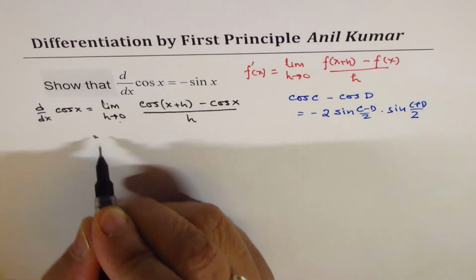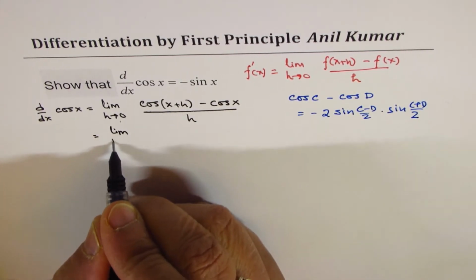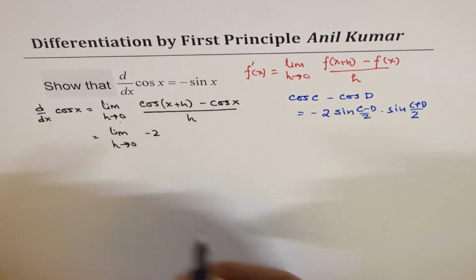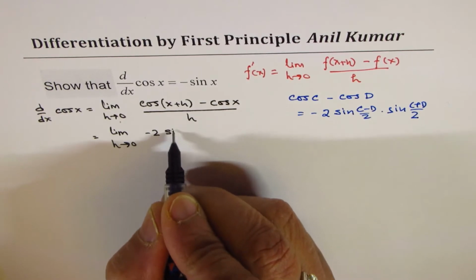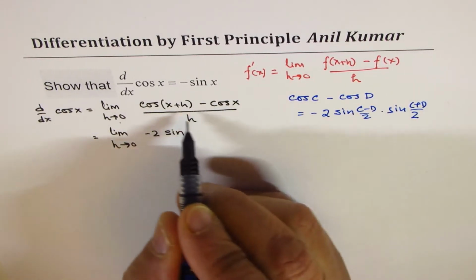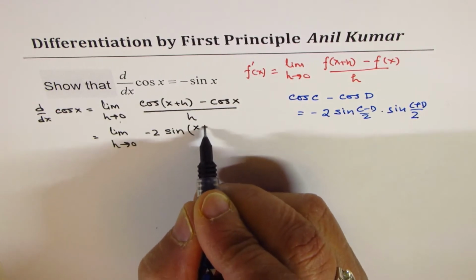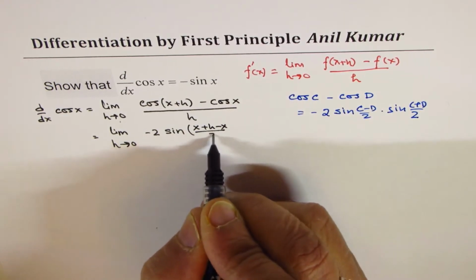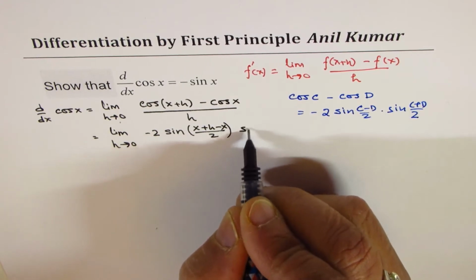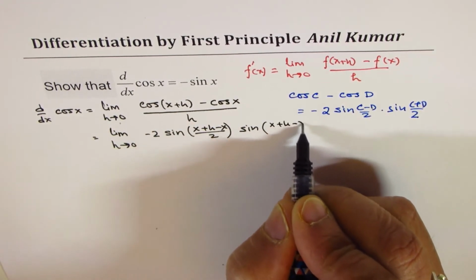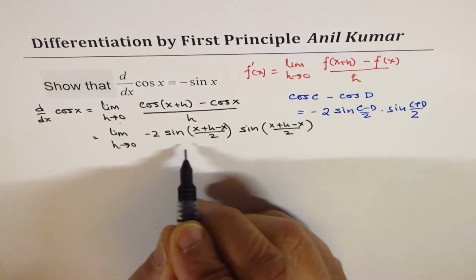Okay, so we get limit h approaches 0 of minus 2 sine of (c plus d), let me do that first, which is (x plus h minus x) over 2, correct? Times sine of (c minus d), which is (x plus h minus x) over 2, correct?